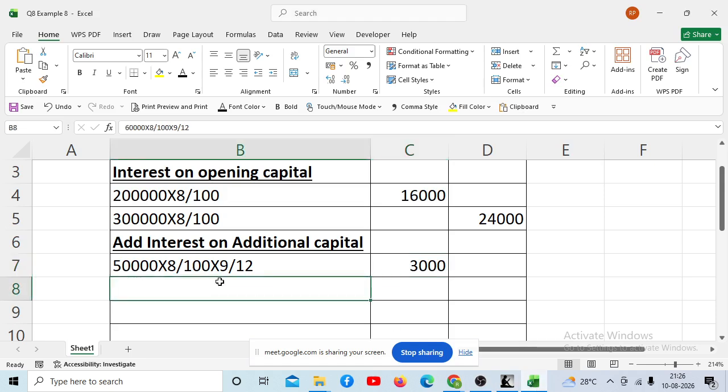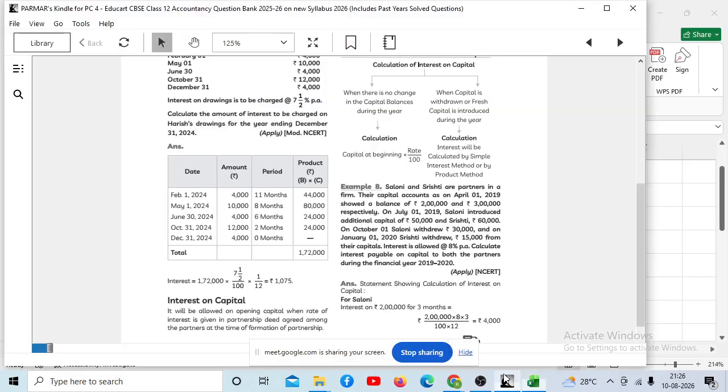So we will write it for Srishti over here: 60,000 into 8% into 9 upon 12. Just do the calculation. Sir, can you please show the question? See, on 1st July, Saloni introduced additional capital 50,000 and Srishti 60,000.